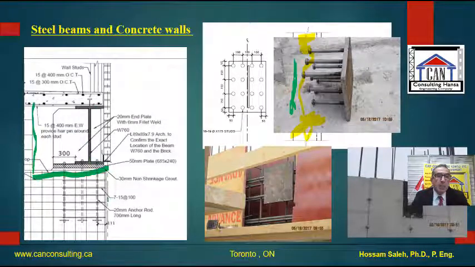From the wall you should have the anchor rods sticking up, and you have to be careful at this edge because you don't have too much space for the anchor rods. Okay, so you can have a pocket in the concrete wall.